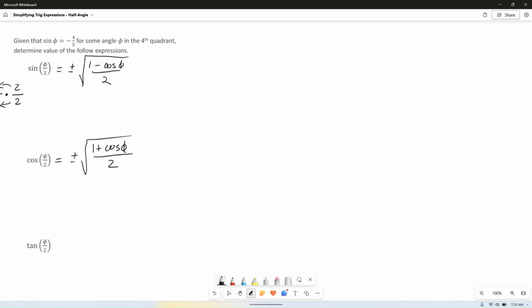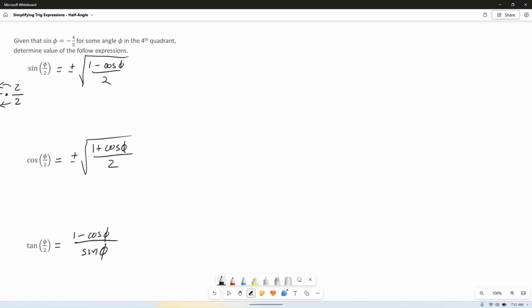And then for the tangent of phi over 2, there's a couple ways that we can rewrite that tangent of a half angle. I'm just going to use the option where we have 1 minus the cosine of phi divided by sine of phi. Okay, so those are the three identities, three formulas that we could use.